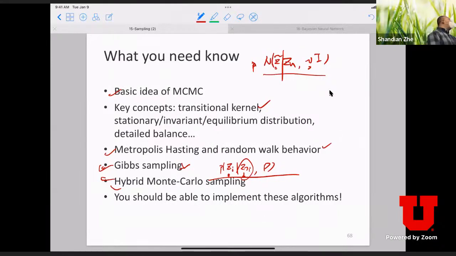That means if you run a very long time to get a new proposal at a distant place, it very likely significantly drops the acceptance probability. So there's still a trade-off, but for hybrid Monte Carlo or Hamiltonian Monte Carlo sampling, you have much more flexibility to choose between the two.